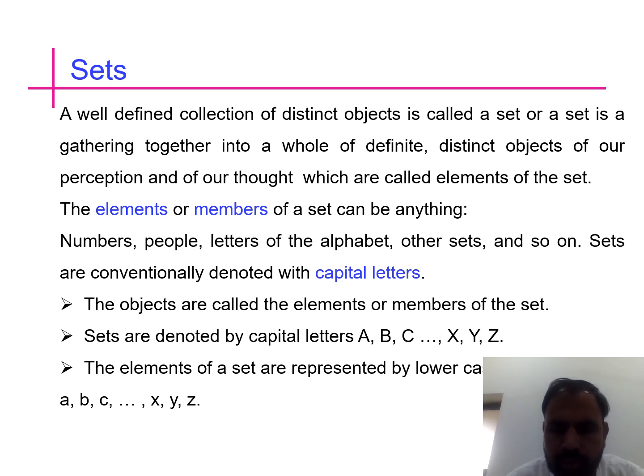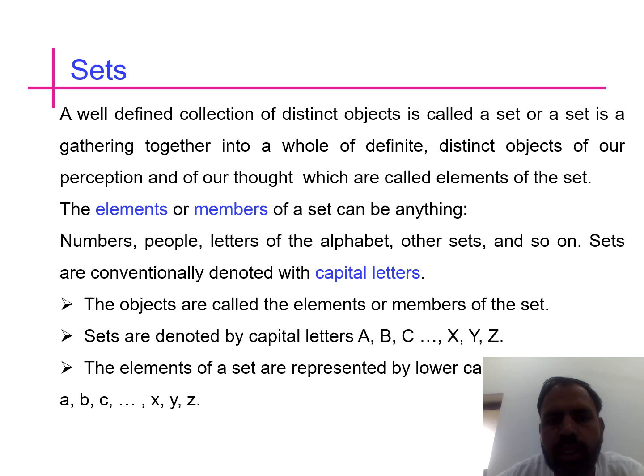If the objects are undefined, then that's the empty set. The empty set is also a set. The elements or members of a set can be anything: numbers, people, letters of the alphabet, other sets, and so on.